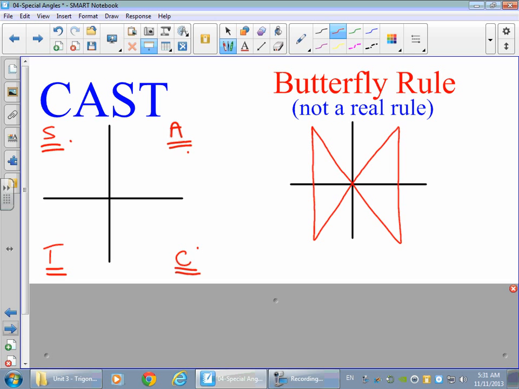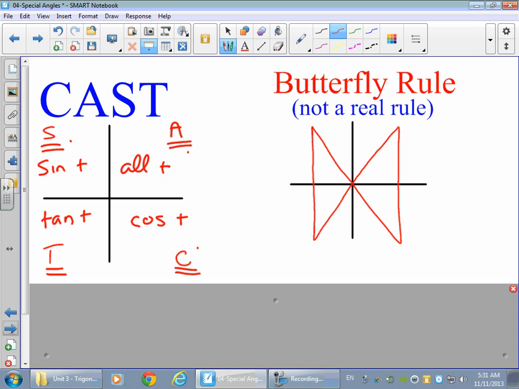All silly Trekkies cower at the threat of the dark side. Anything like this that helps you remember those are your various sections. What they mean is all of my ratios are positive up here. Sine is positive here. Tan is positive here. And cosine is positive here.